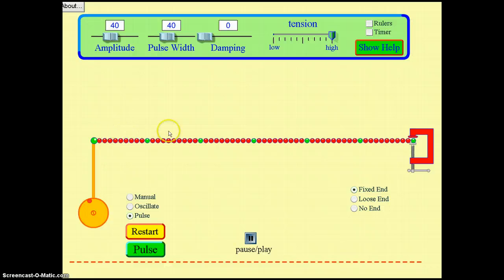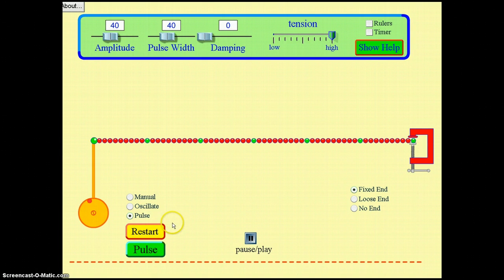What's going to happen is these waves hit the fixed end, invert, and then start to interfere with each other. The waves have to be equal amplitude, which they will be. They have to be equal wavelength at the same frequency, traveling through the same medium, which they are. They're always traveling through this particular string of beads here. And they have to be traveling in opposite directions, which they do because they hit the fixed end and reflect off of that fixed end.